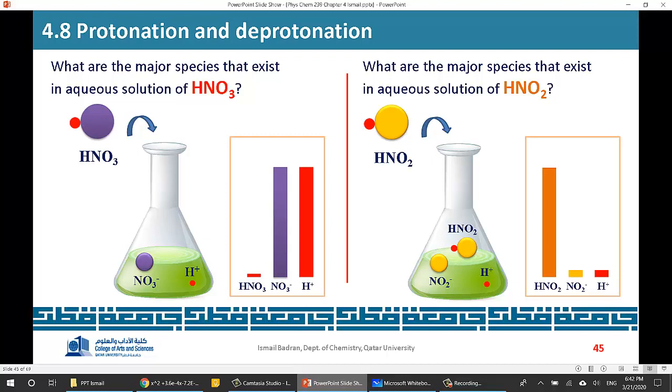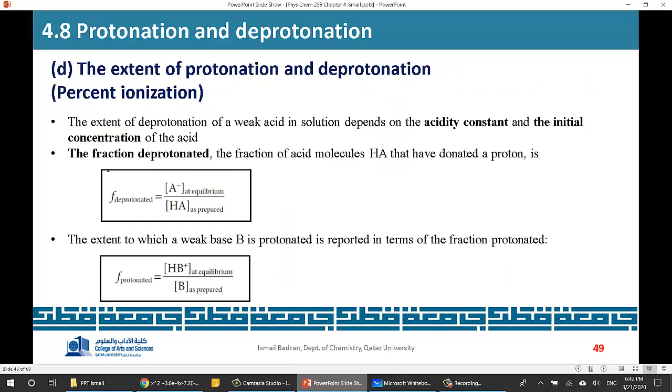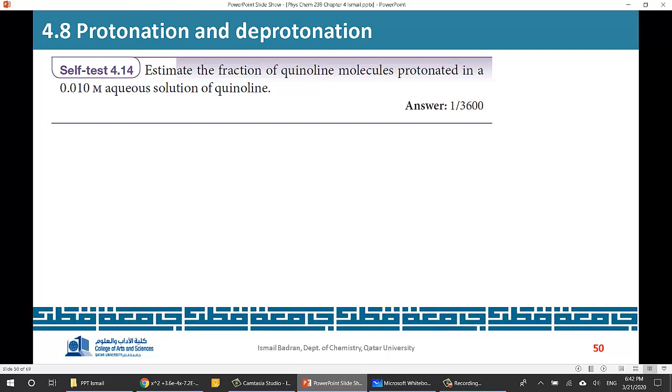Is it 1%, 2%, 3%? How do you do that? Simply, the percent of dissociation is defined as the concentration of H plus at equilibrium divided by the initial concentration. That's the fraction, that's the percentage of dissociation.